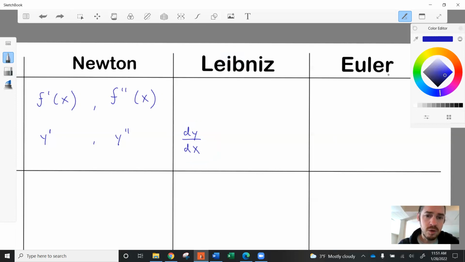This is useful because you can talk about the derivative of something with respect to different possible independent variables. Like, here's the derivative of y with respect to time. In physics especially, derivatives with respect to time versus derivatives with respect to position are different, and they have different uses, different purposes.